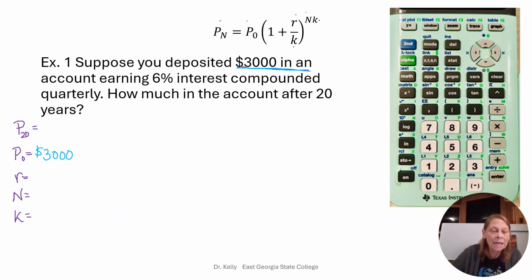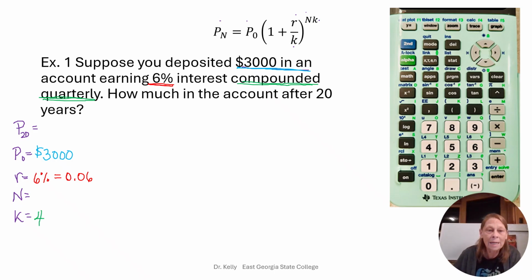Then it says in an account earning 6% interest. So that's 6%, which is equal to 0.06, right? 6% interest compounded quarterly. Compounded quarterly means there are 4 quarters in a year, so k is equal to 4. That's the compounding periods.